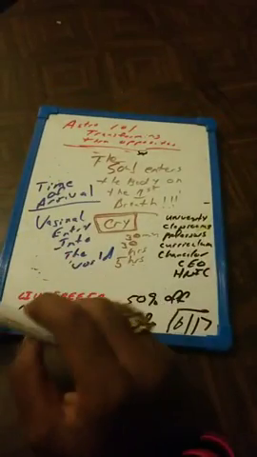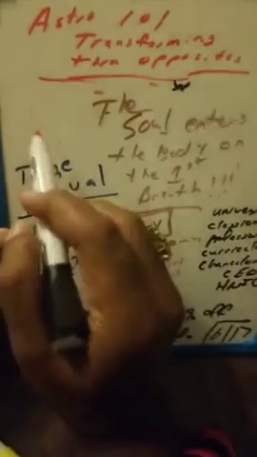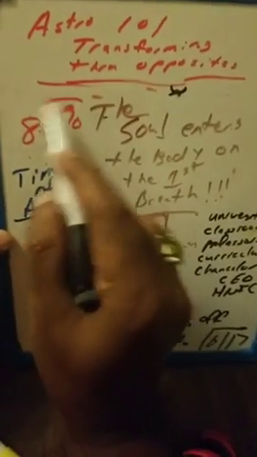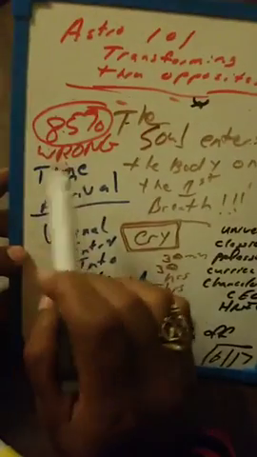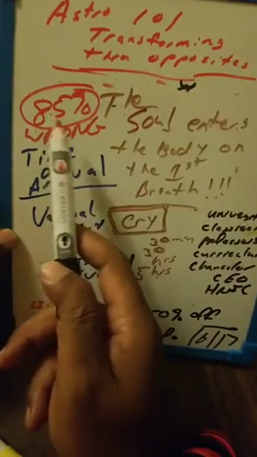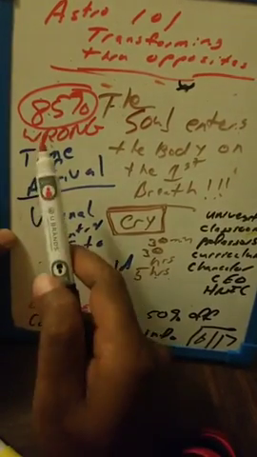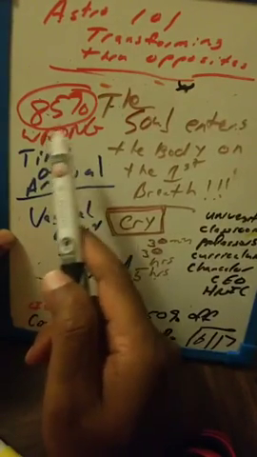So 85% of the times on the time of arrival and the vaginal entry into the world are wrong, and they are not when the soul entered the body on the first breath. 85% of the charts have wrong rising signs. How you going to be able to dictate and run through a chart if 85% of the charts out here are wrong?